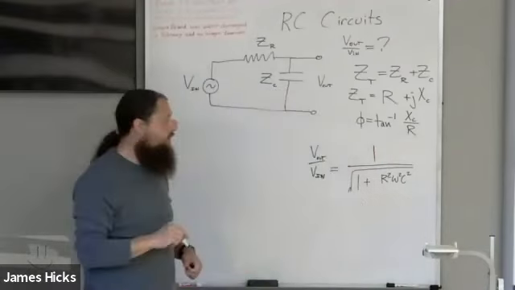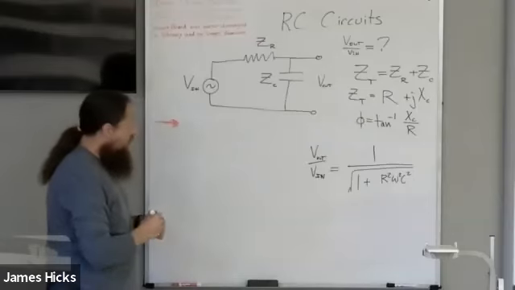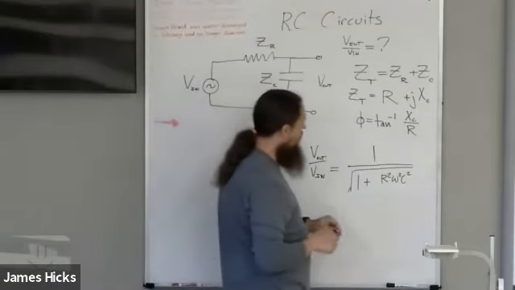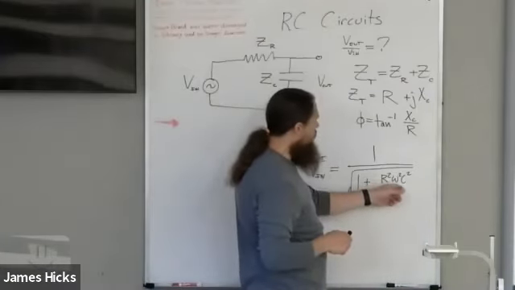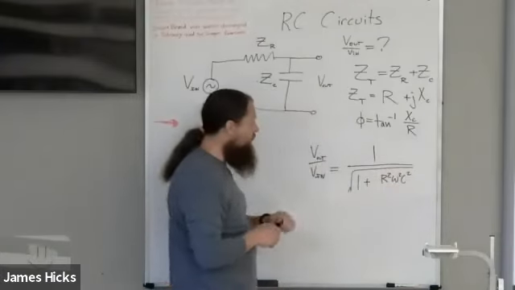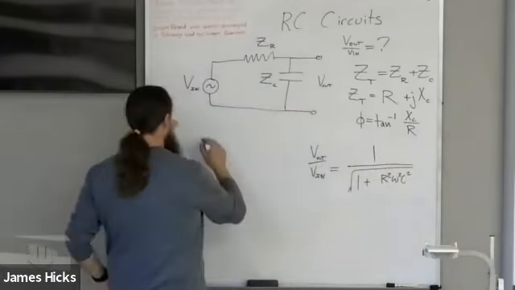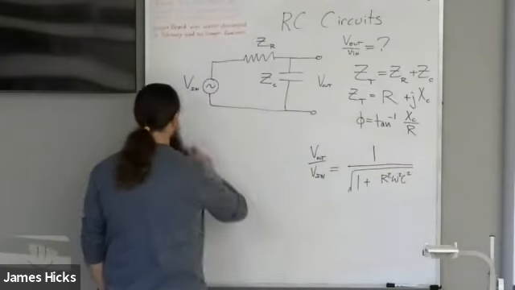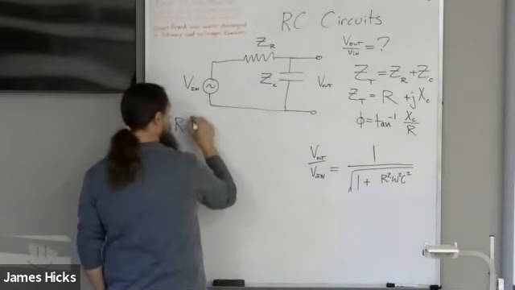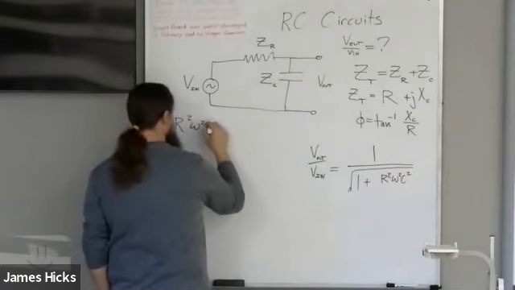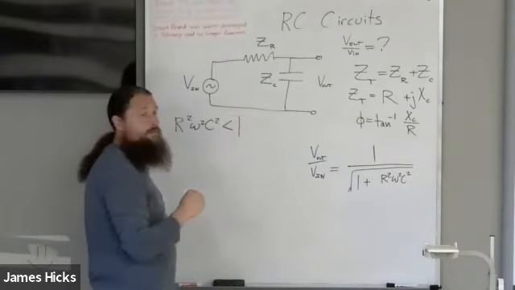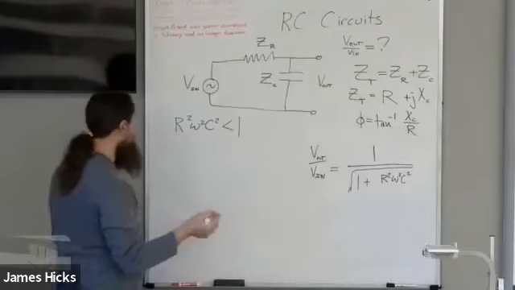Okay, so let's look at two limits. First, let's make R squared omega squared C squared a small number. So I want that to be smaller than 1.